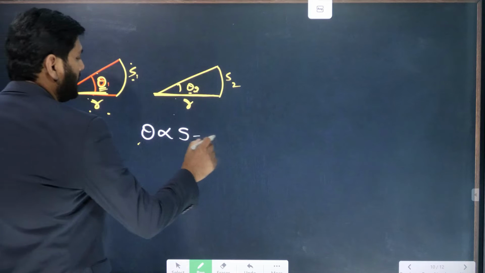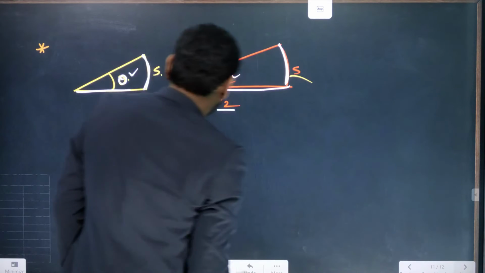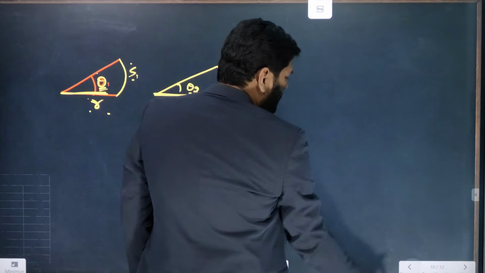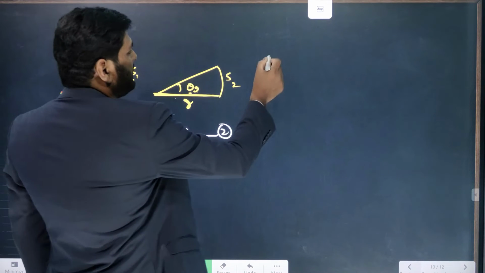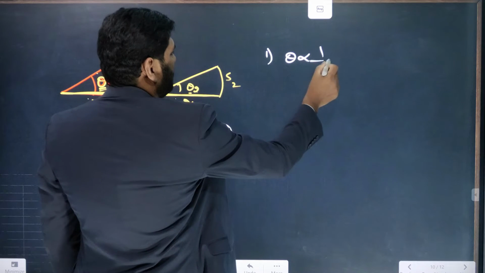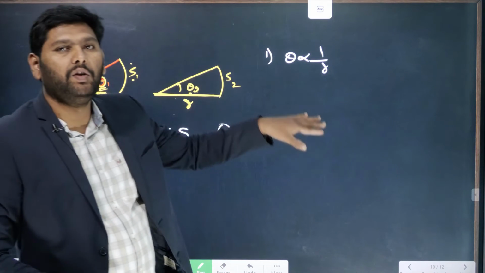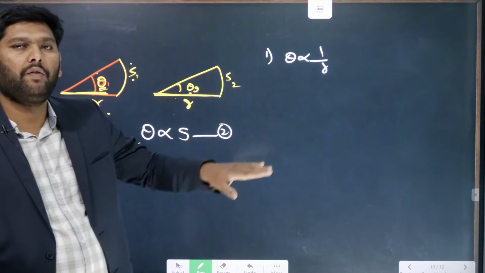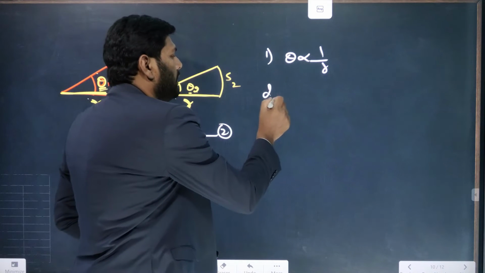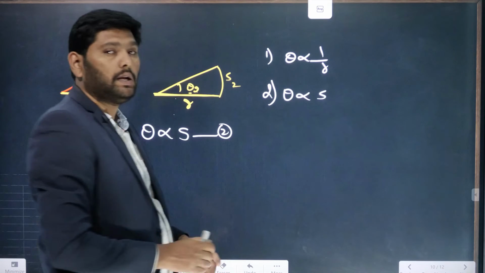This you can take as equation 2, and the earlier one as equation 1. The first equation tells you theta is inversely proportional to 1 by r, which means that when radius increases, the angle decreases. The second thing is, when theta increases, the arc length also increases.